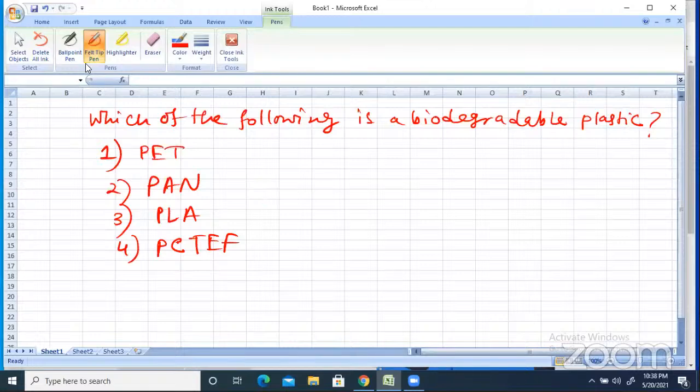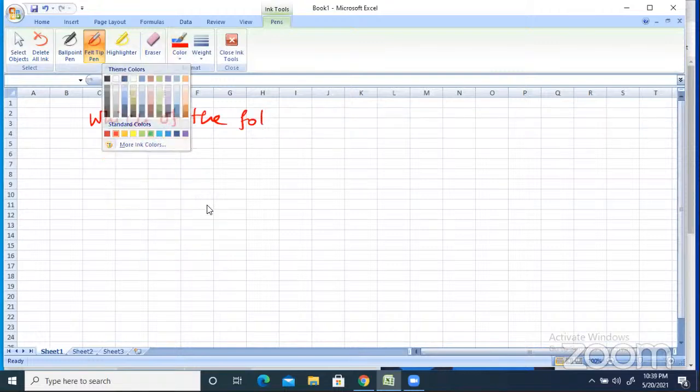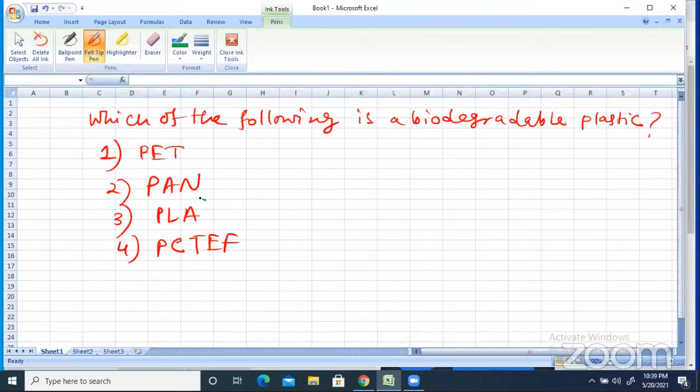Apply common sense. Polylactic acid: you know lactic acid bacteria, so polylactic acid is synthesized from those.